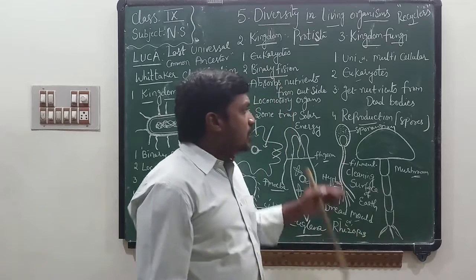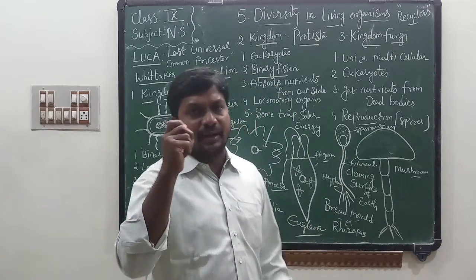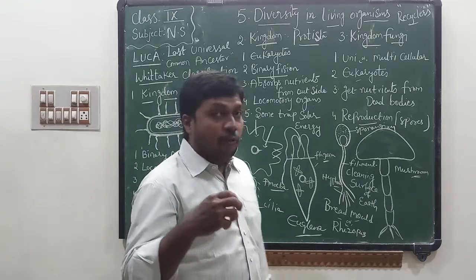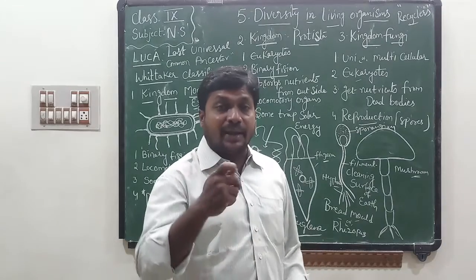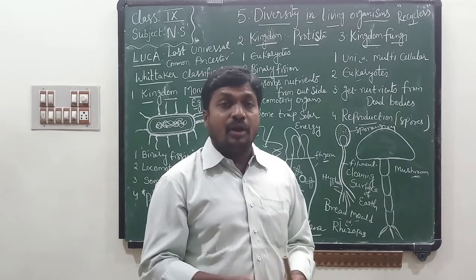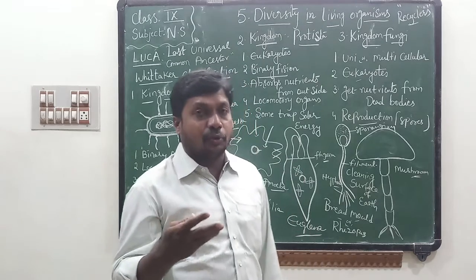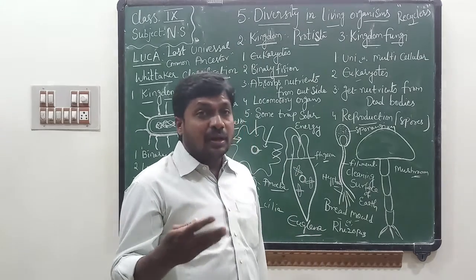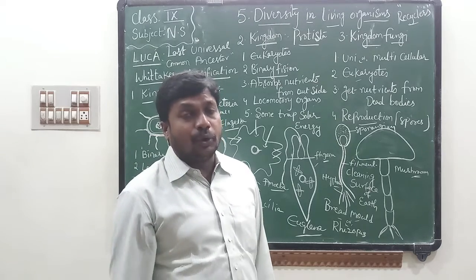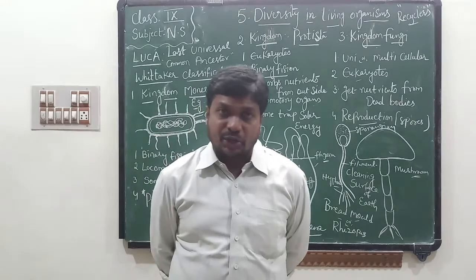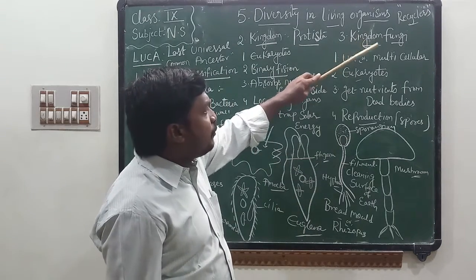Sporangium is a knob-like structure which contains microscopic spores. When the sporangium matures, it ruptures and spores come outside, and when the spores reach an appropriate place, like wet places, since fungi live in wet places, each spore can develop into new fungi. This is a type of asexual reproduction in fungi. So this is about kingdom Fungi.